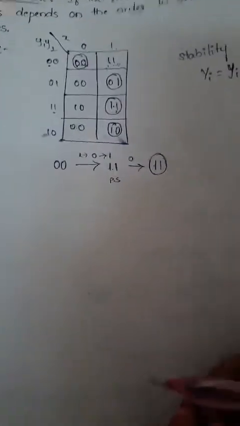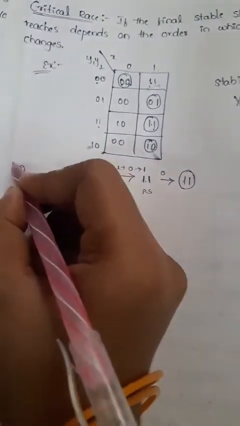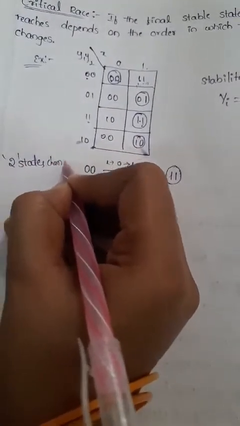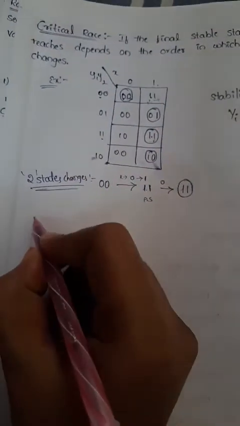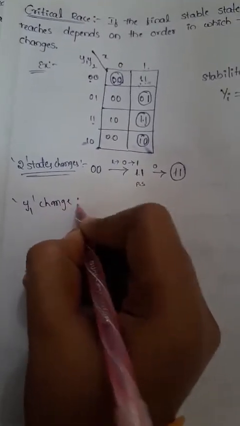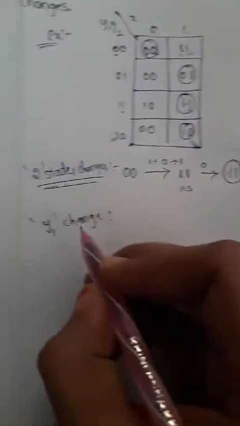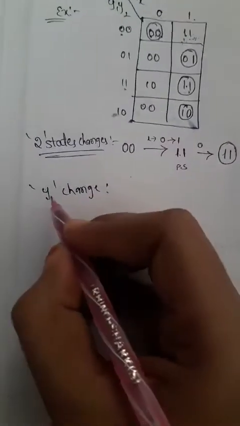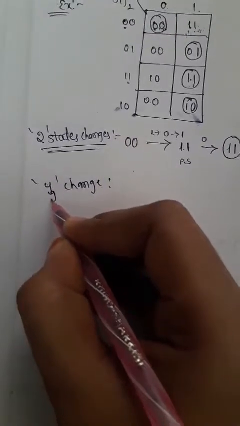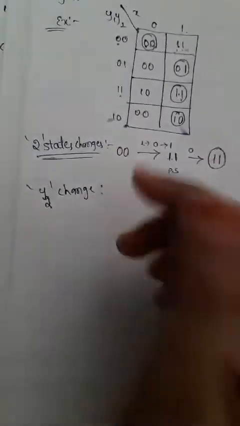So the next possibility we need to check. What is the possibility here? 2 states will be changed at a time. That means y1 y2 will change at a time. Okay, so now for example we are taking the first condition where y2 changes first.